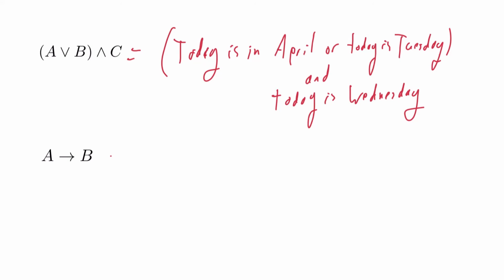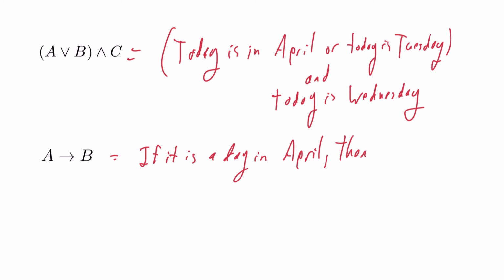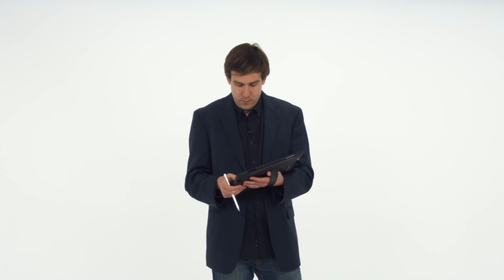How about this? A implies B would say that if it is a day in April, then it is Tuesday. Now, we know that this is not true, but we're not really interested in determining the truth and falsehood. We're just writing down logical statements.